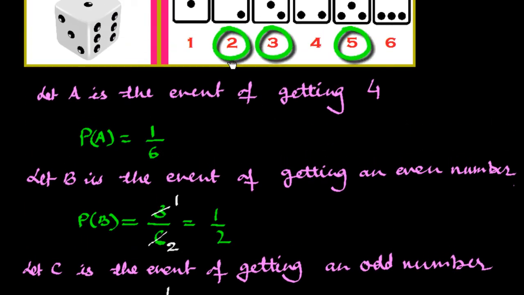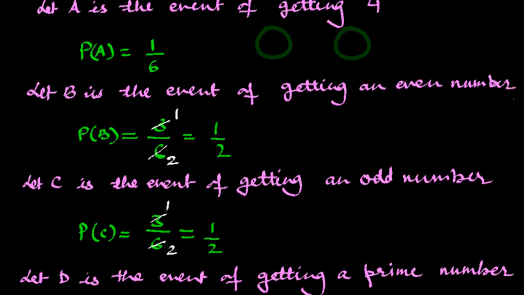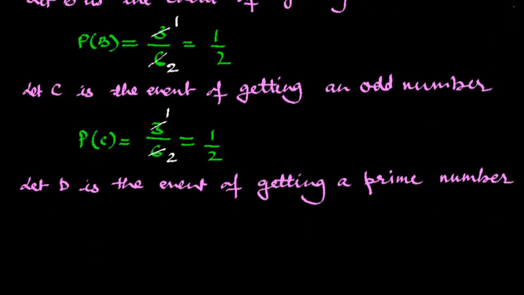We have 2, 3 and 5 as prime numbers, where 2 is the only even prime number. So we again have 3 favorable outcomes. Probability of D is equal to 3 favorable outcomes and total outcomes are 6. So it is again 3 over 6, which is also 1 by 2.